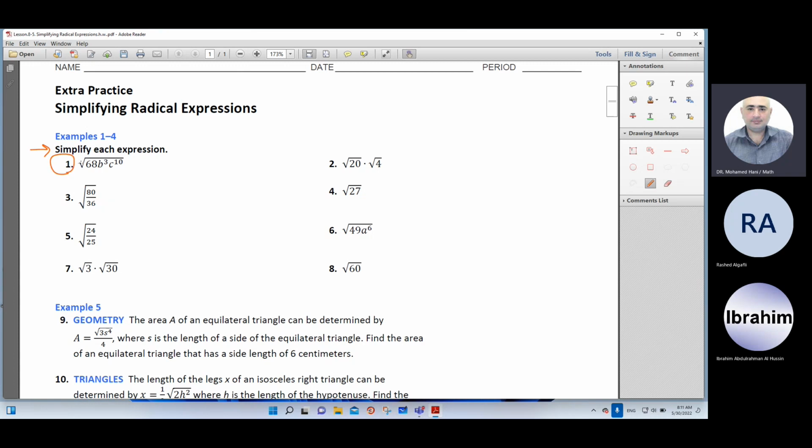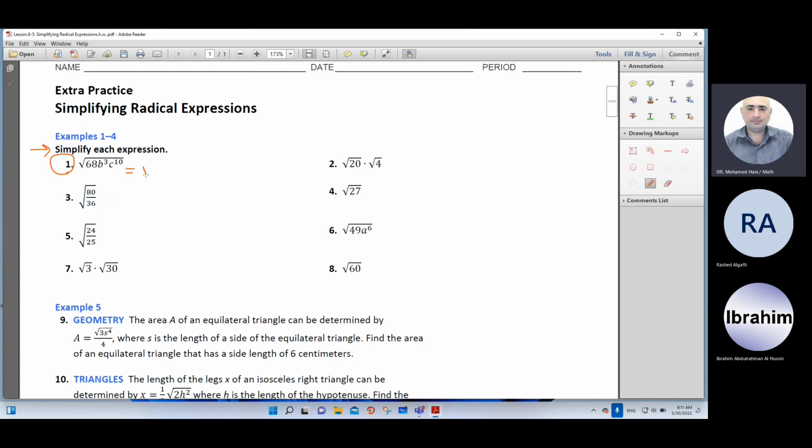As usual you see here, we have the square root of 68 b cubed c to the power 10. What do I do to solve this problem, to simplify this form? Use the properties of roots.